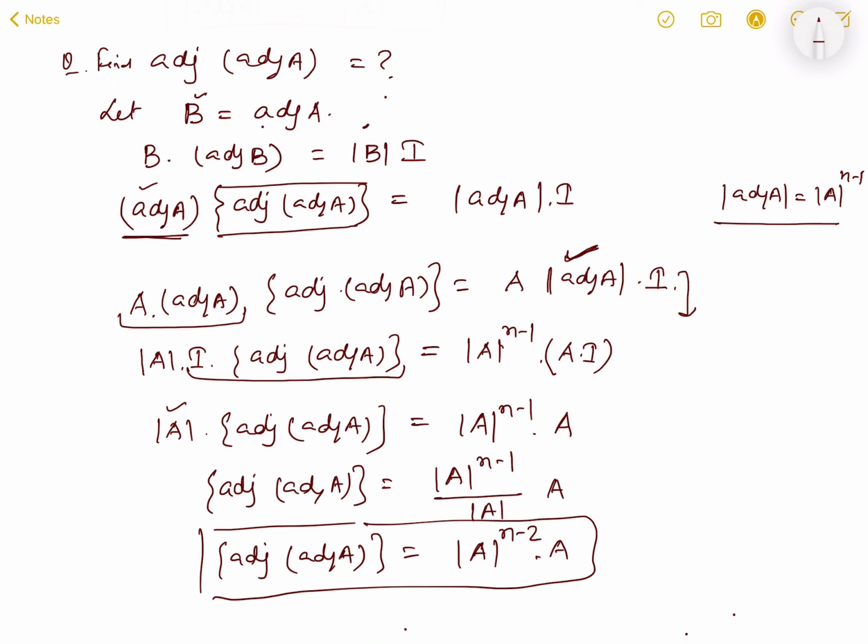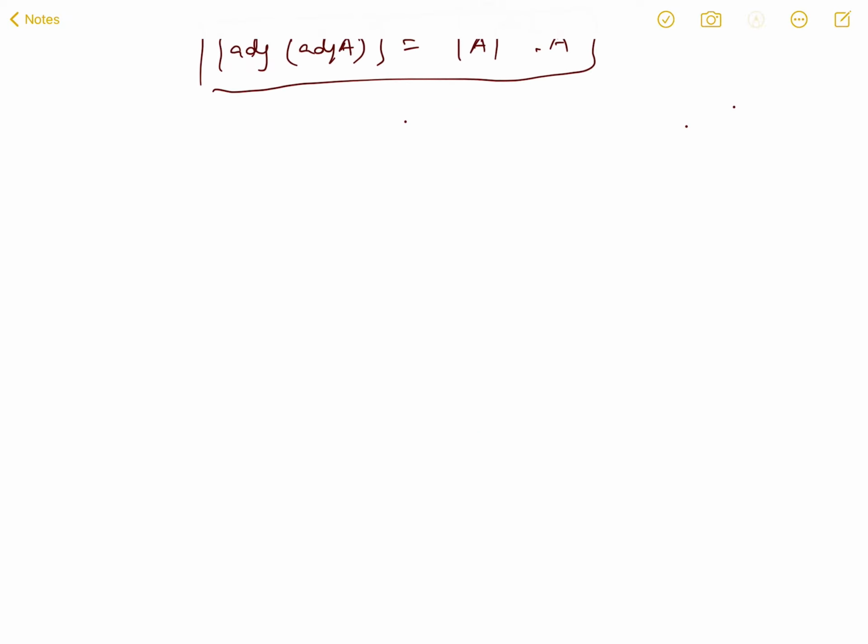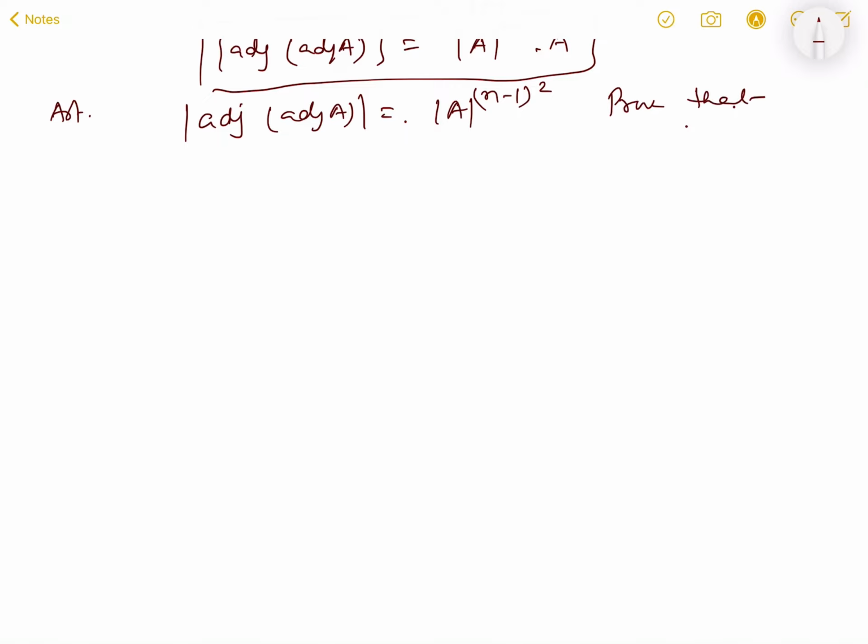Now from this derivation, again the article is: find the value of determinant adjoint adjoint A, and this can be written as determinant A to the power n minus 1 whole square. Prove that. This is our article.